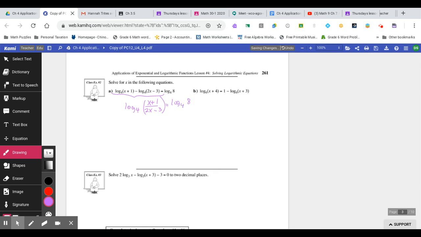And now, because we have log 4 on both sides and we have this equality, we can drop the logs. In essence, because they're equal, then the arguments have to be the same.